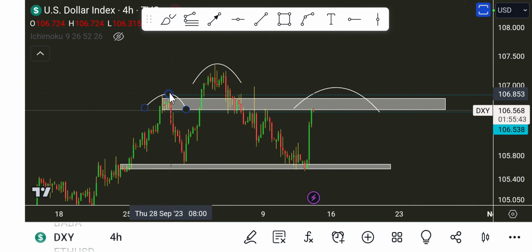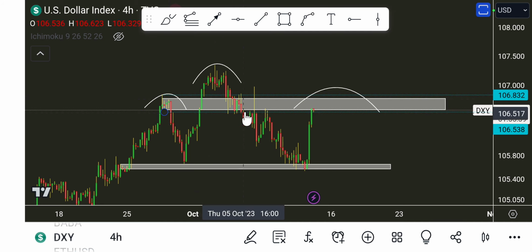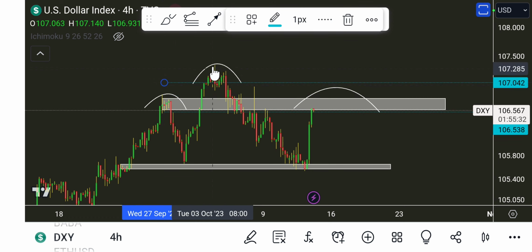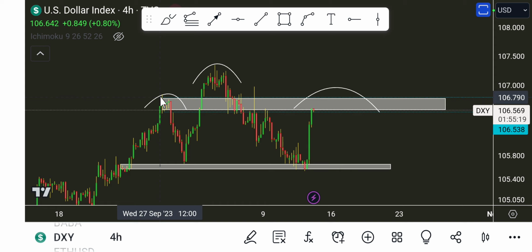And at the same time, it doesn't mean it must stop within this level. It can still go a little bit higher, maybe to this level, but it must not get to the top of this head. If it gets to the top of this head, then it's not a head and shoulder top, okay? So this is what I'm just looking at.